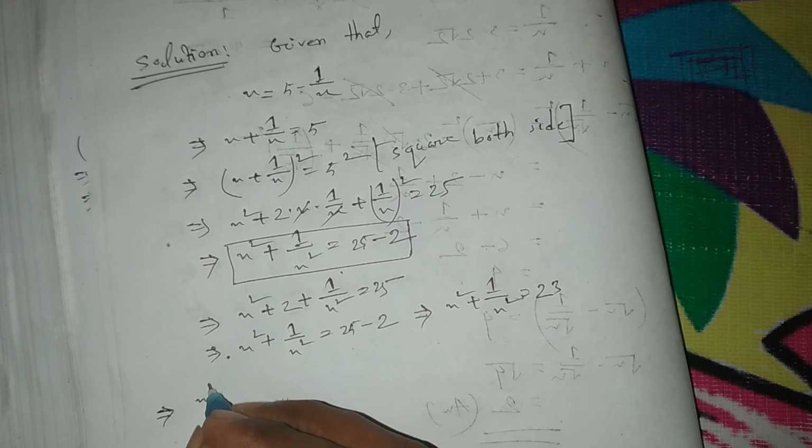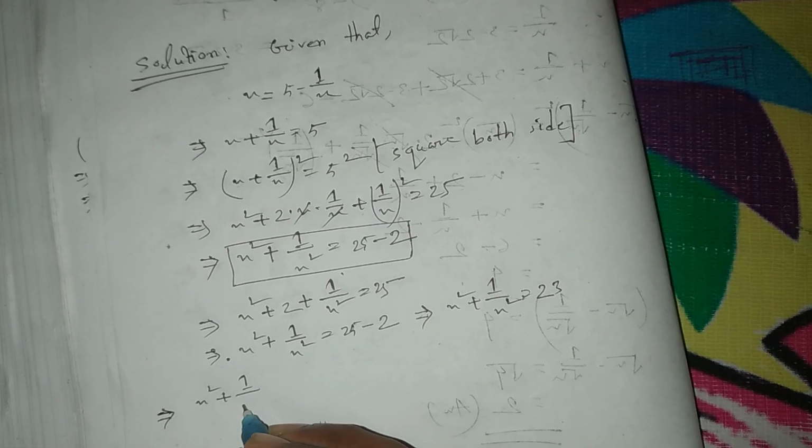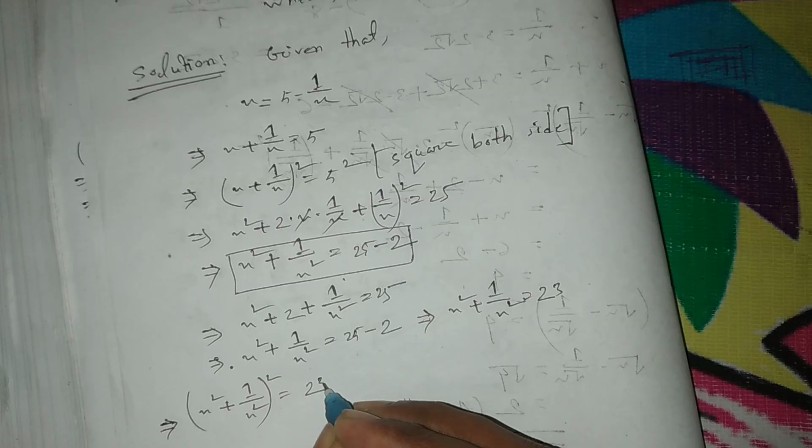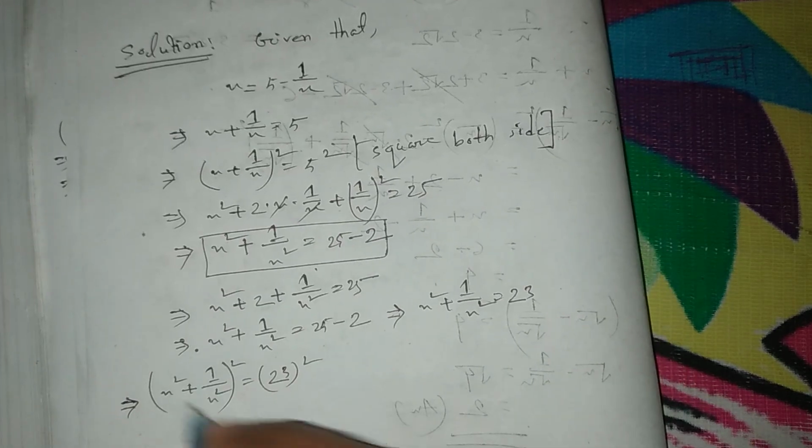Now x square plus 1 by x square is equal to 23, squaring on both sides.